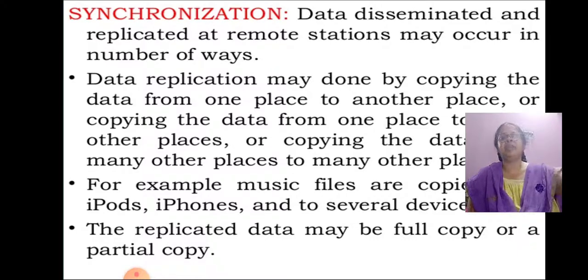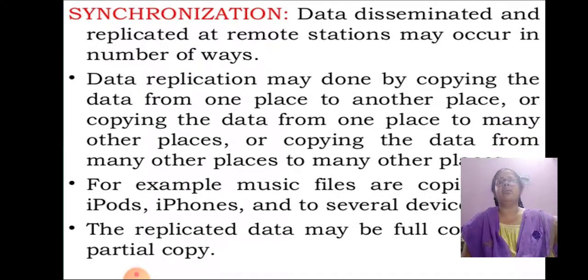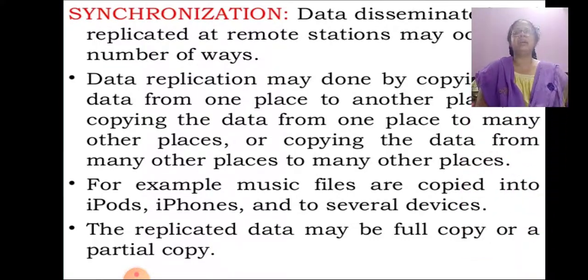Data replication may be done by copying the data from one place to another place, or from one place to many other places, or from many other places to many other places. So here are three cases: one place to another place, one place to many other places, and many other places to many other places.